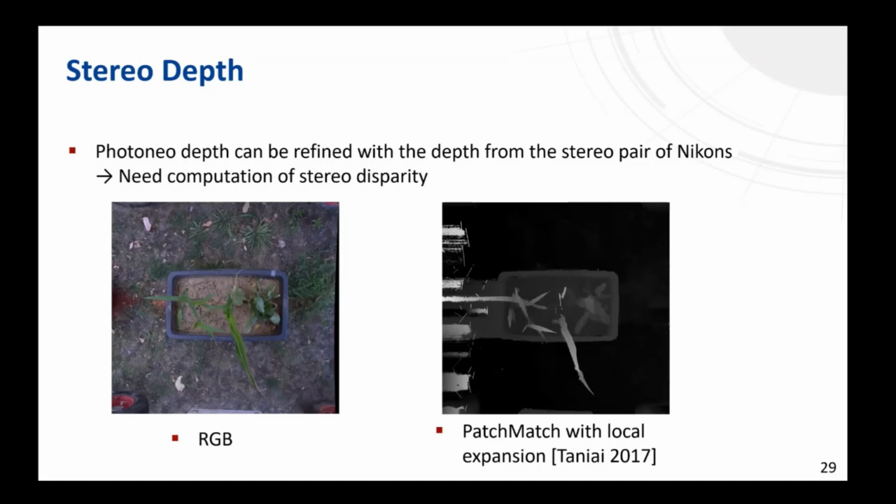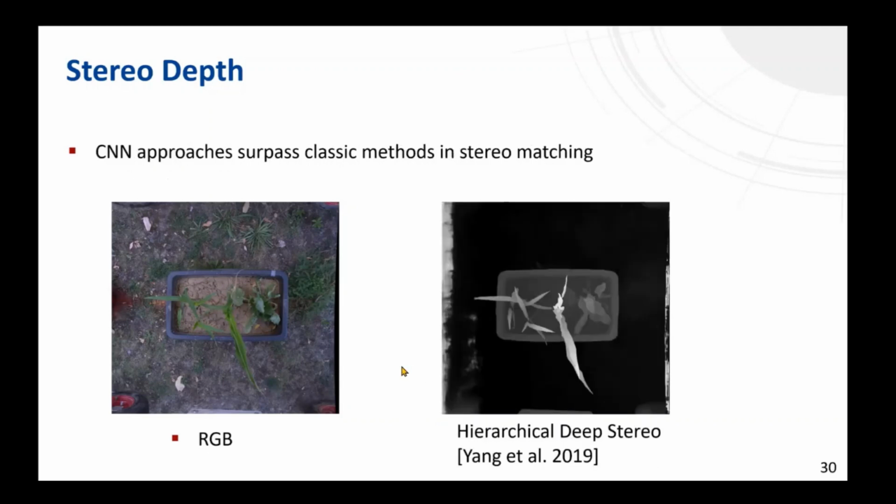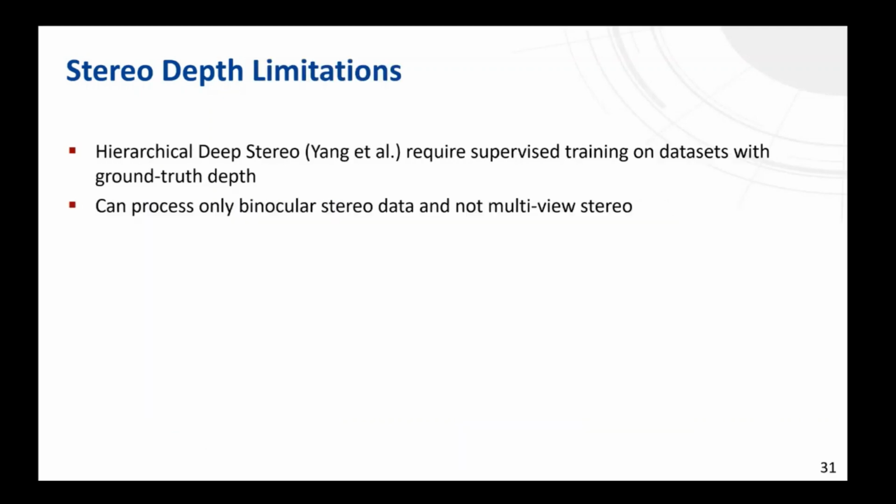Here you see an example of the patch match stereo method. It can reconstruct details, but it has some issues here as well. And here's another more recent method based on deep learning. This looks quite good, I would say, but it still has some issues.